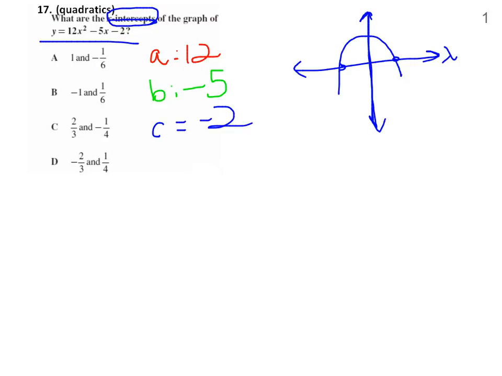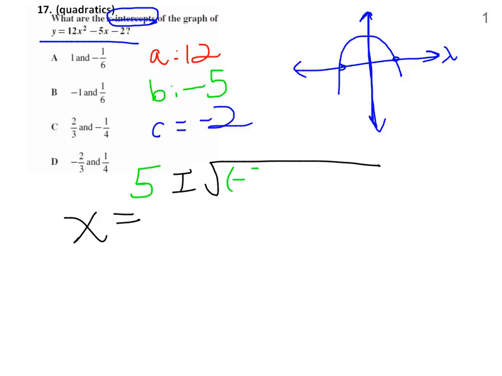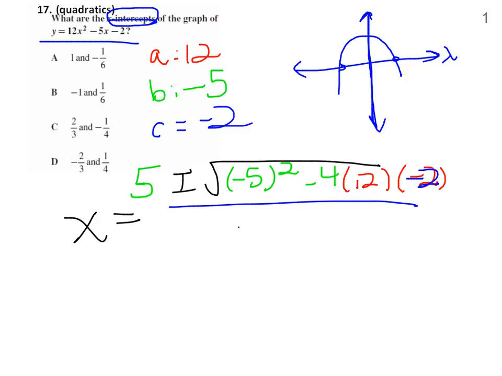So we could plug in x equals -b, -5 is 5, plus or minus the square root of, make sure you put parentheses around this, -5 squared, minus 4 times A times C, all over 2A.